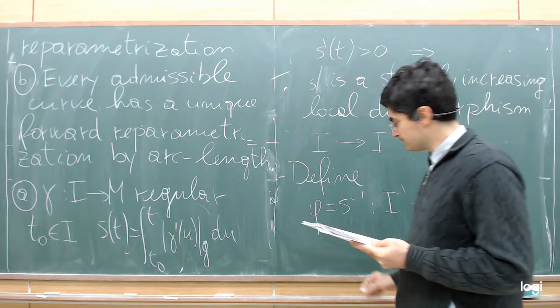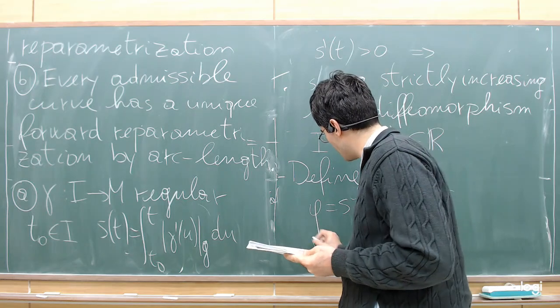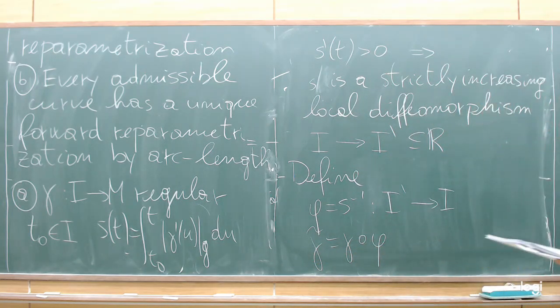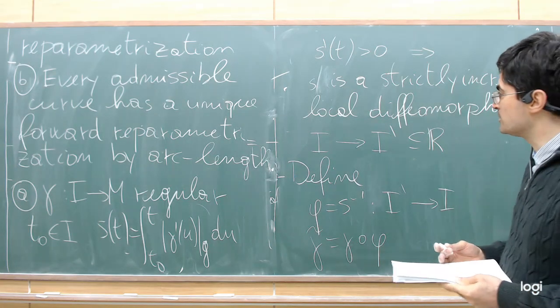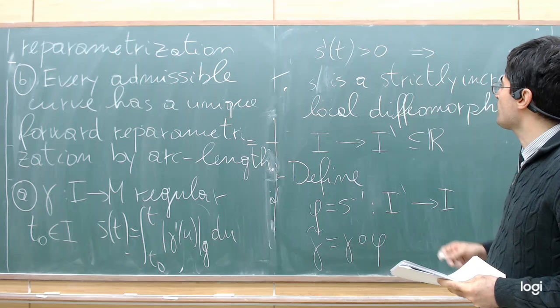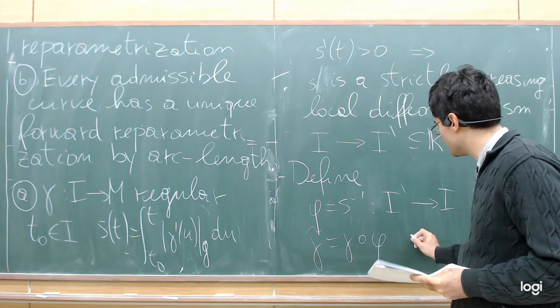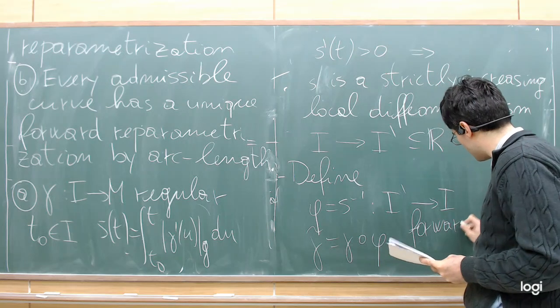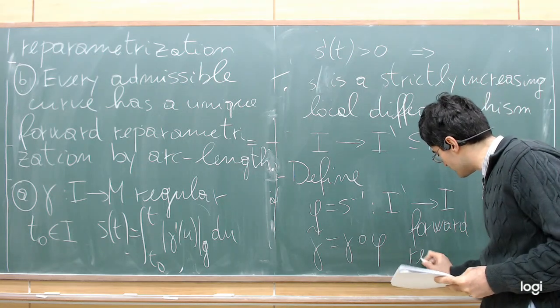and then we compose it with gamma this way, and it is clear that this is a forward reparametrization.